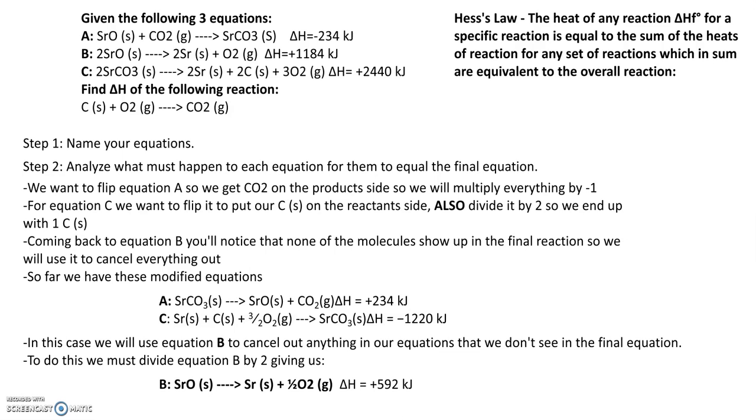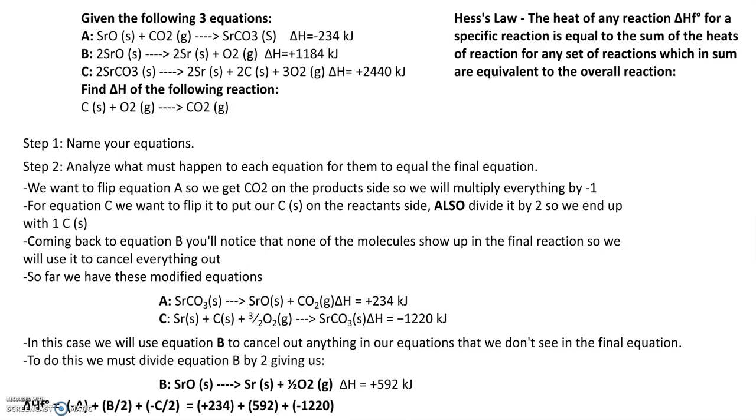So delta H final in this case equals -A. Since we flipped it, it's negative, plus B divided by 2. We divided equation B by 2, so we need to divide the delta H by 2. Plus -C, since we flipped it, divided by 2, since we also divided it by 2. We're doing all of this to the delta H values. So for this, it's going to equal positive 234 kilojoules.